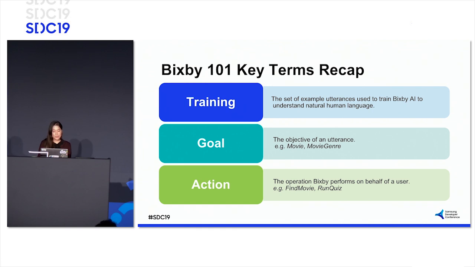So for example, a movie or a movie genre in the case of Movie Agent. Actions are something that we can kind of think of almost like verbs. They're the operation that Bixby is performing on behalf of the user. So again, in Movie Agent, we're finding a movie and we're trying to run a quiz to help users land on a movie recommendation.